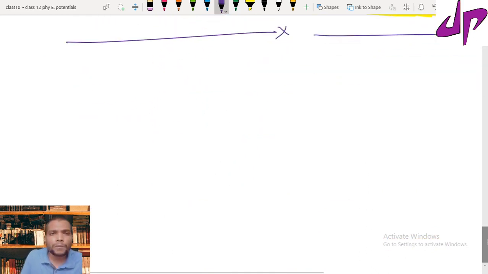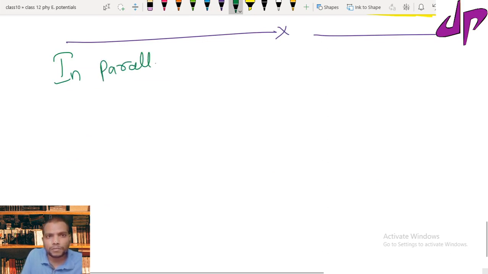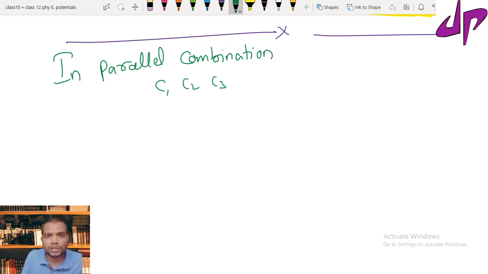Similarly, if we combine in parallel combination, suppose you have different capacitors with capacitance C1, C2, C3 and so on, and they are connected in parallel.